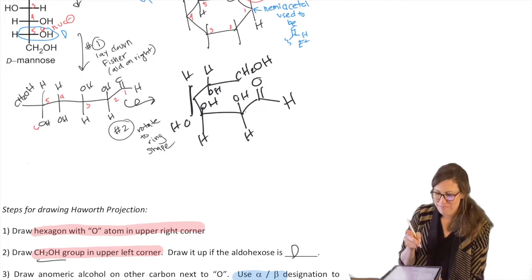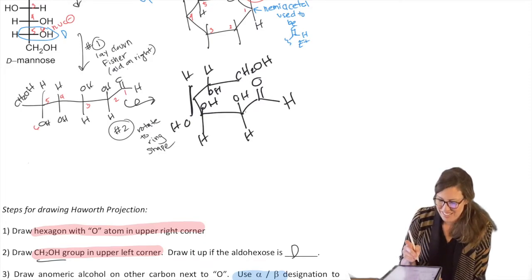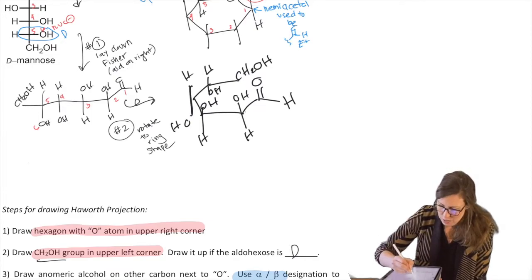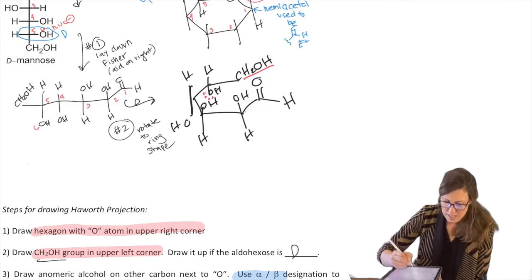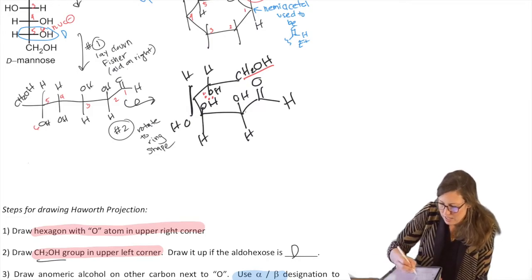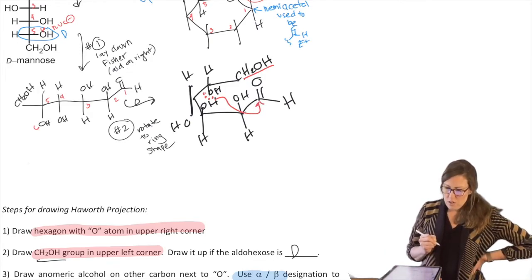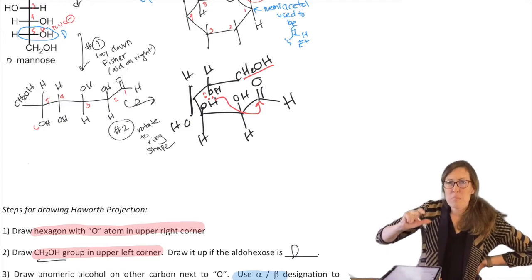Now, time to close the ring. Uh-oh. Notice that this is not going to attack. This is what attacks. That's my nucleophile. It's going to have to rotate to attack here. So it needs to be in place.